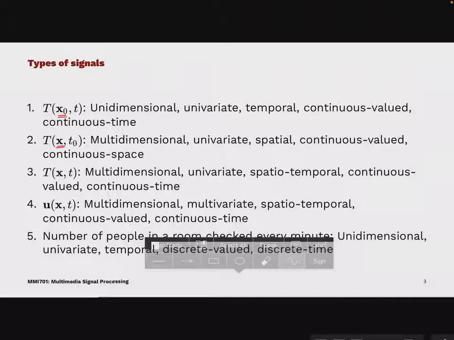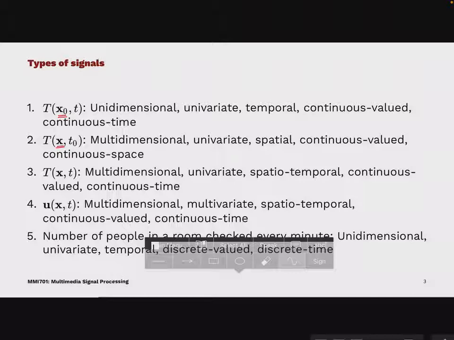Now, how about a multivariate signal? Well, the thermometer example doesn't work so well in this case, but we can think about, say, a vectorial quantity, say, particle velocity, which has three components, x, y, and z components. Then we have a multivariate signal.